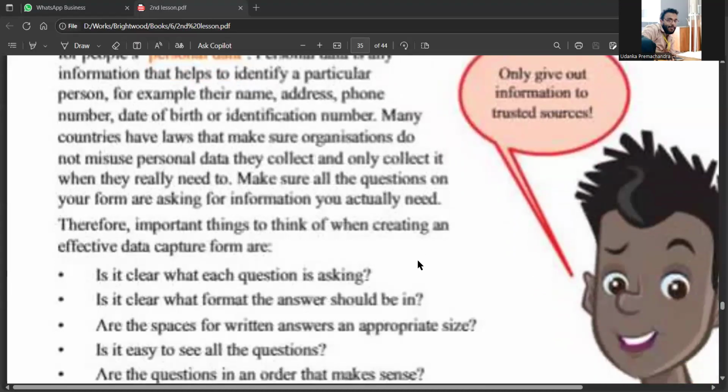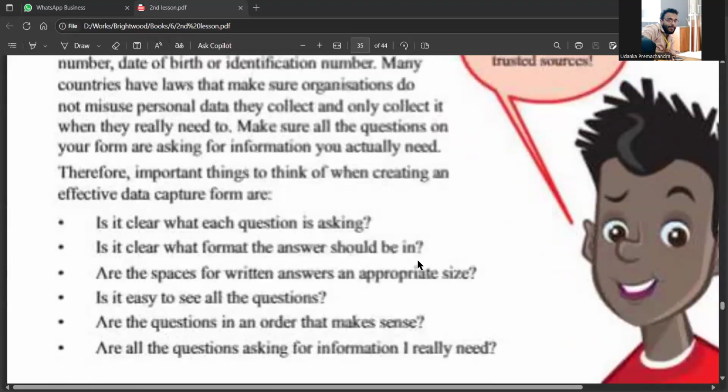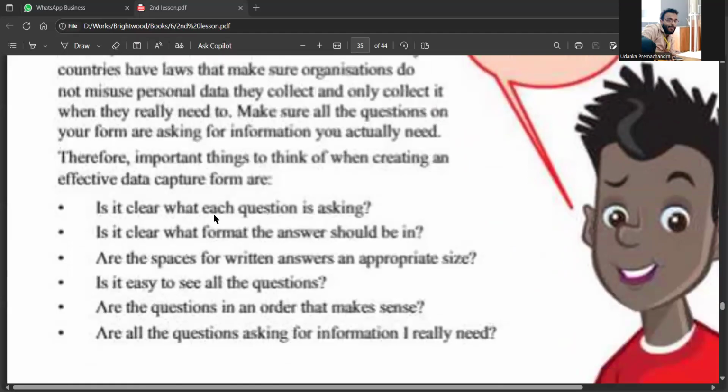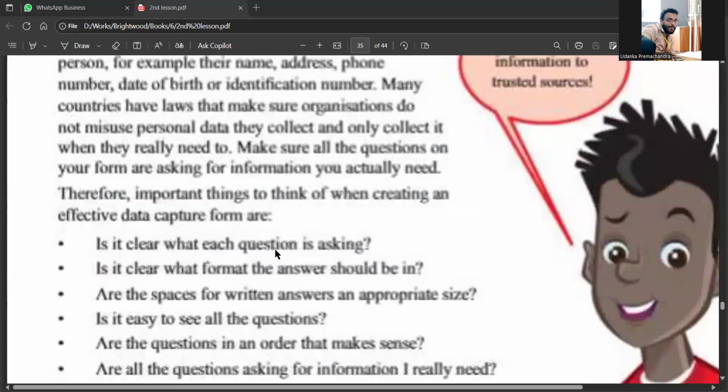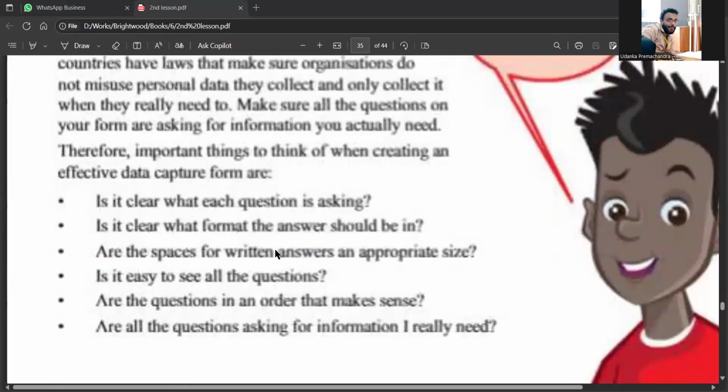So, the important things to think of when you are creating an effective data capture form. It should be clear what each question is asking. The reader should clearly understand the question.